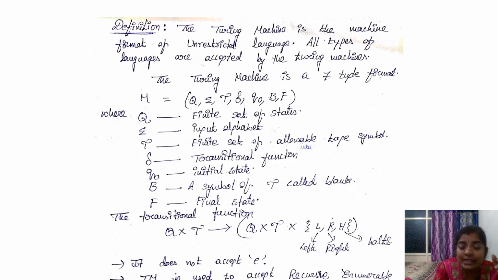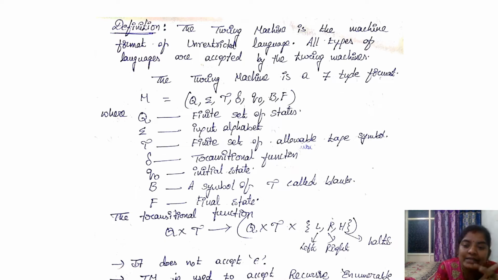That means this type of Turing machine can accept any language. There is no restriction to define a particular language, which is known as unrestricted languages. So all types of languages are accepted by Turing machine. That is the main important thing in this type of Turing machine.